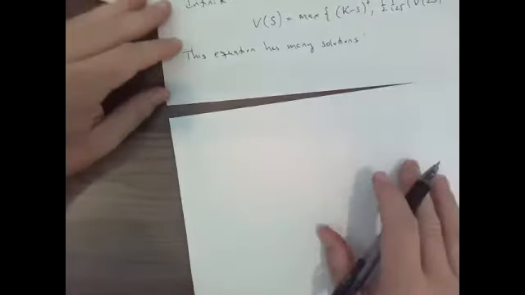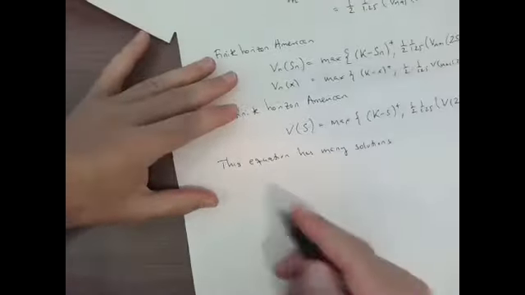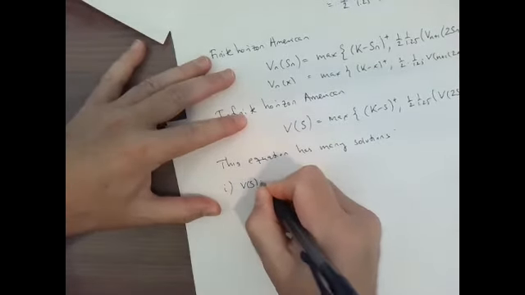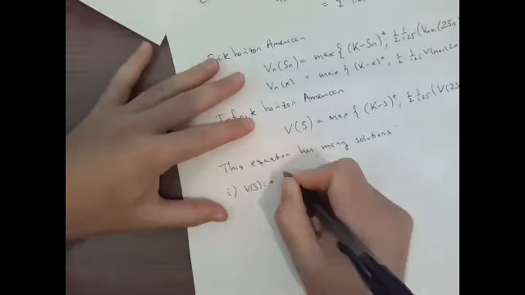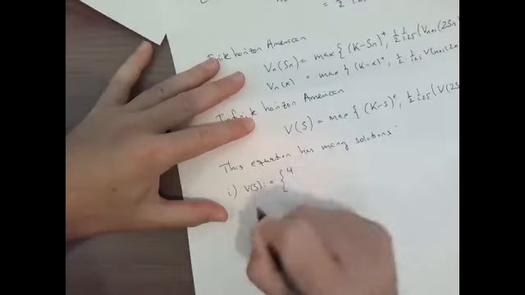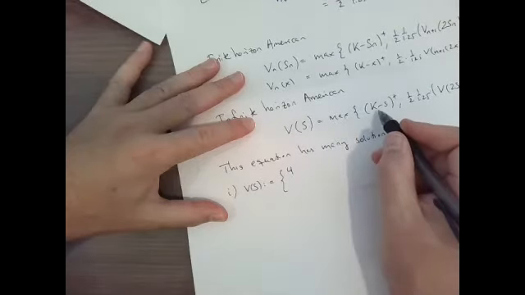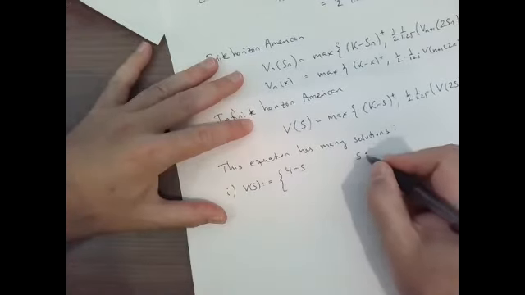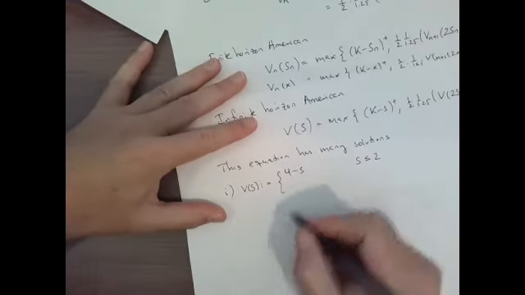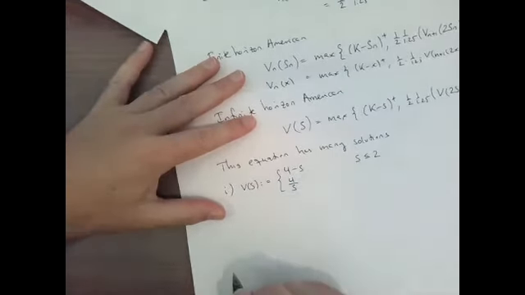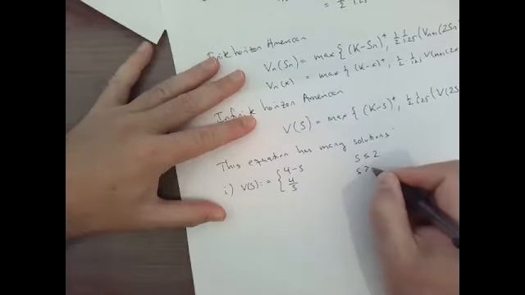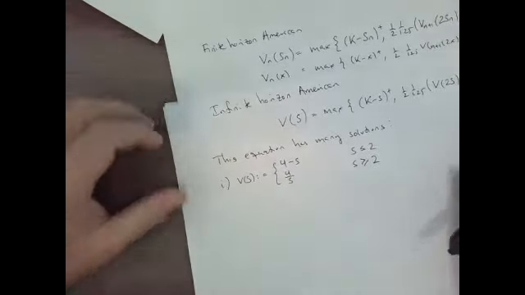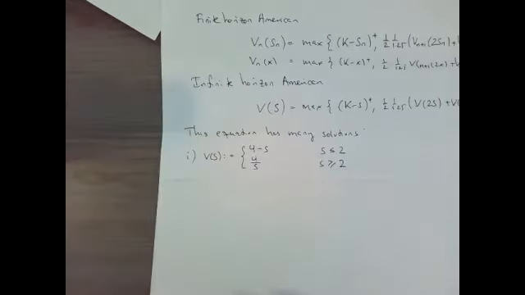The first one could be V of S being 4 minus S, so keep in mind K here is 4. This is when S is small. And it could be 4 divided by S when S is big. So that's one guy.